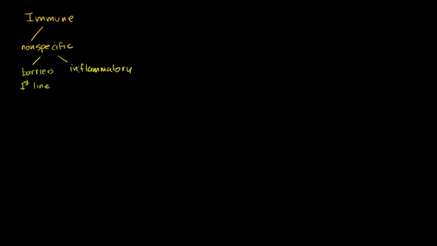You have your inflammatory response, which really just gets things to where the action is at. And then you also have your phagocytes, which are these cells that are engulfing things. And just so you know, all the phagocytes that we talked about in the last video are all instances of white blood cells or leukocytes.